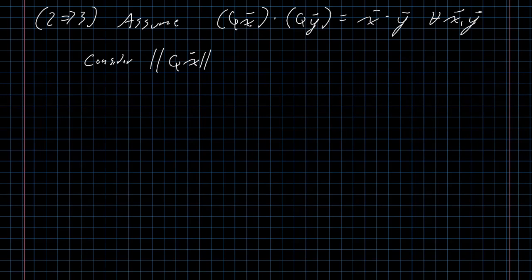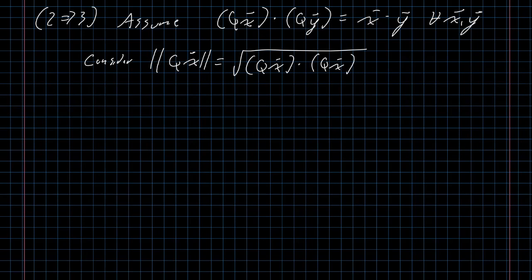Well, remember the definition of the norm? We talked about that fairly recently. The square root of the dot product of the vector with itself. So we're looking at QX dot with QX.